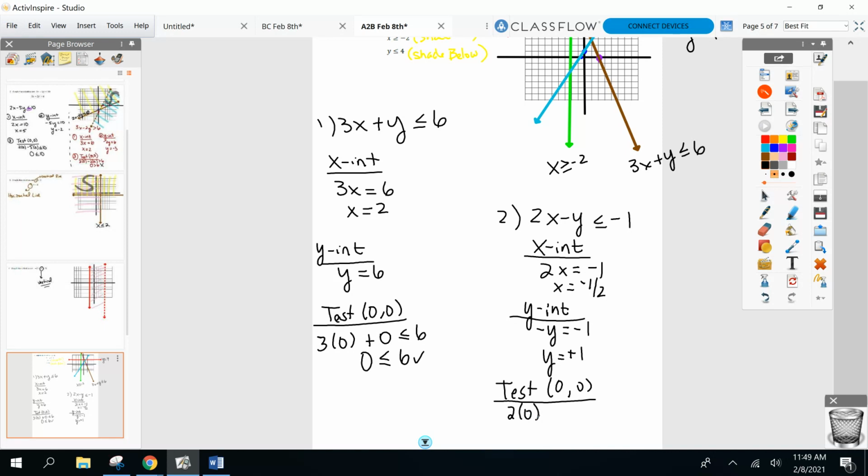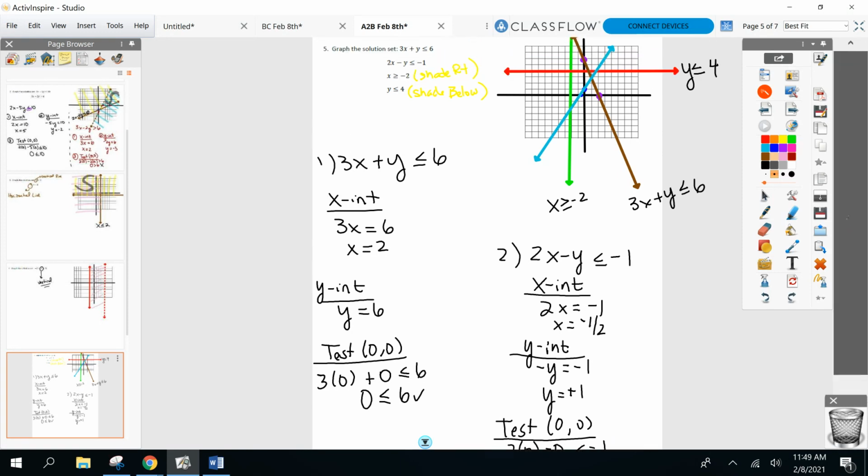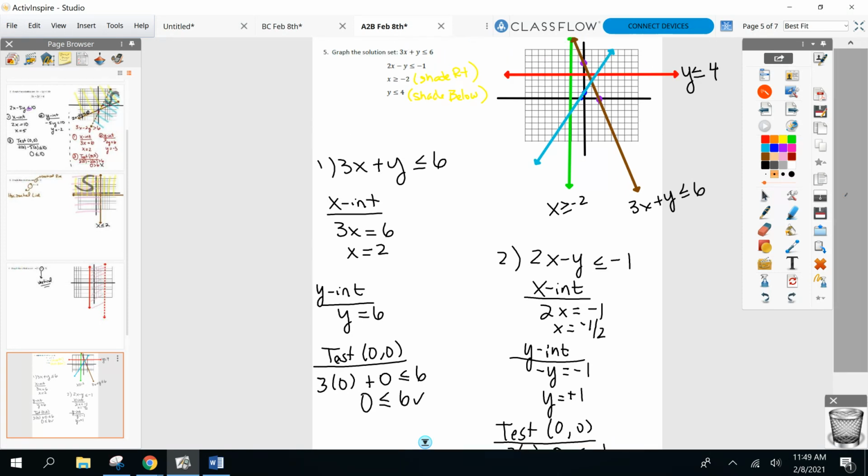Two times 0 minus 0, is that less than or equal to -1? What do we think? Is 0 less than or equal to -1? Nope, so that's a big X. So I want to make sure I shade away from 0, 0. So that line we just graphed, we want to shade away.